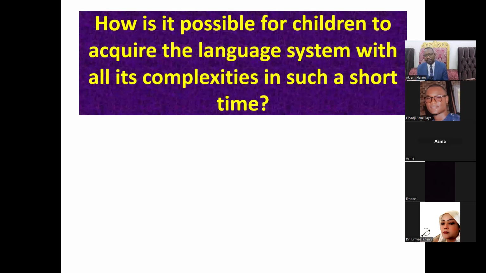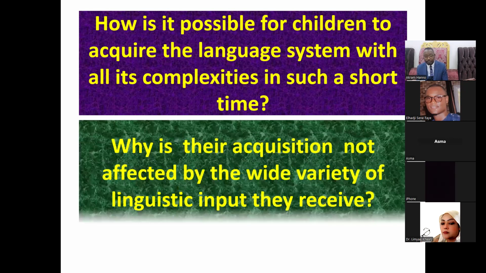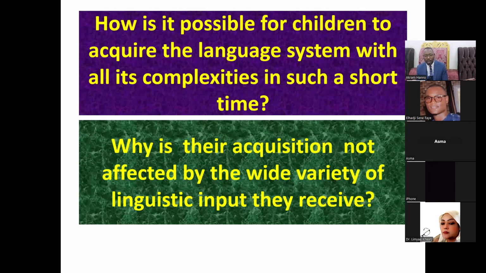How is it possible for children to acquire the language system with all its complexities in such a short time? Why is their acquisition not affected by the wide variety of linguistic input they receive?